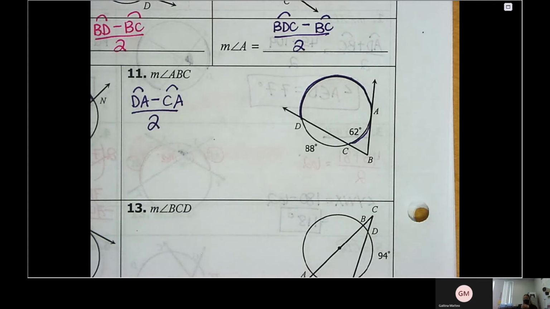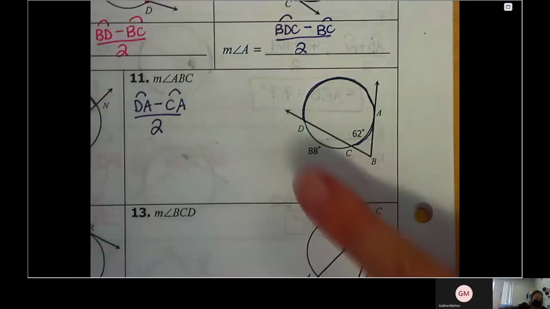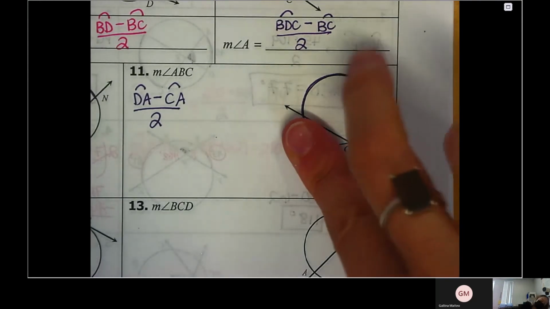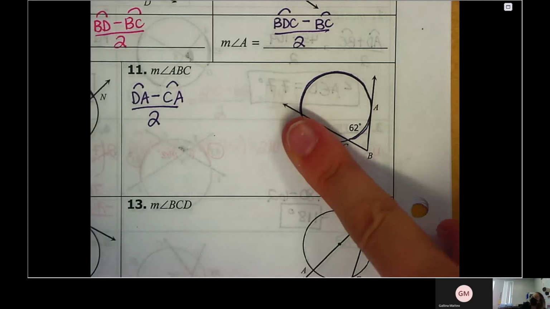Close, close, close. If I have 360, that's the whole circle, and I subtract 88, I still have 2 pieces of the circle left. I only want to know 1 piece of the circle up here. What else should I take away from the 360? 62.